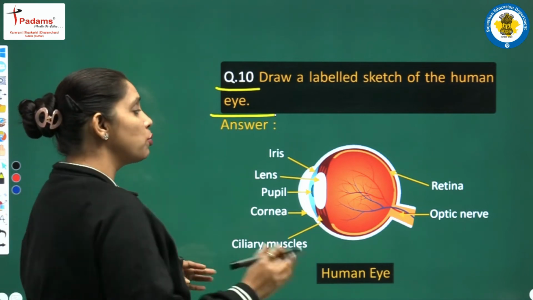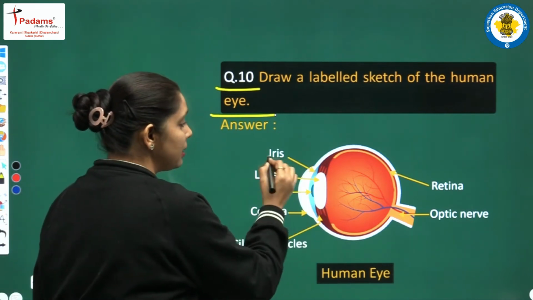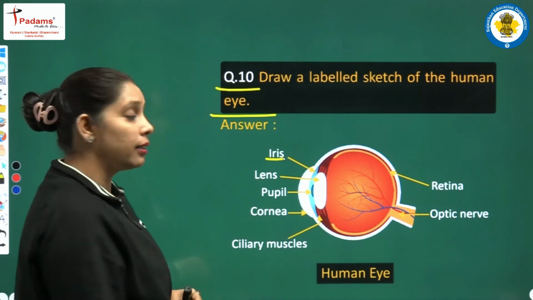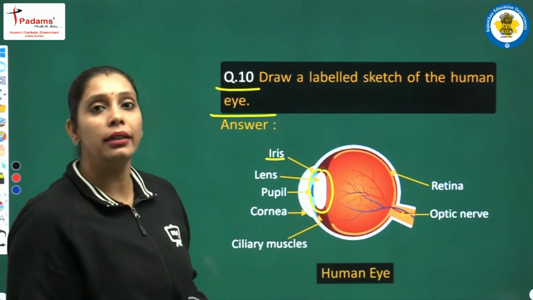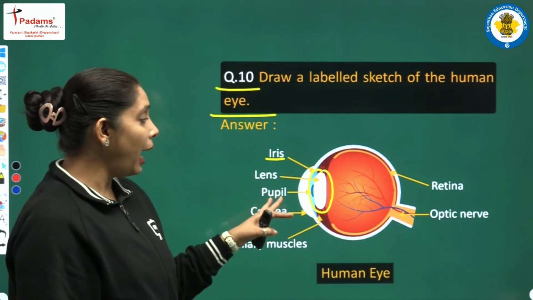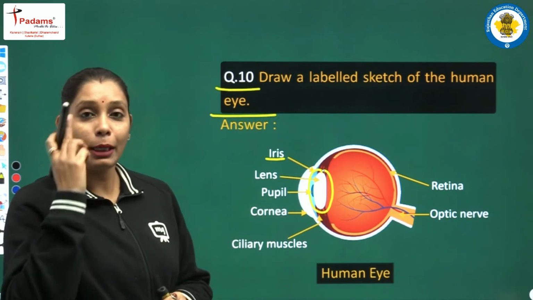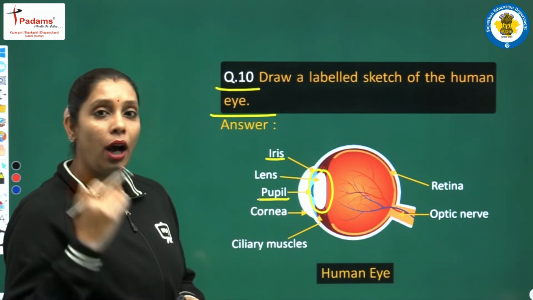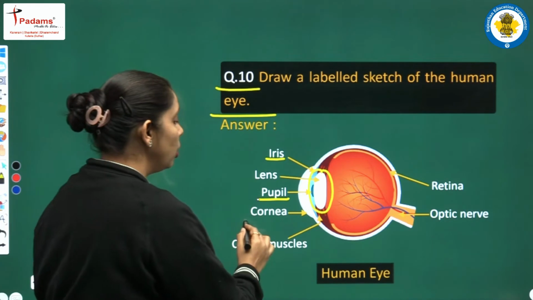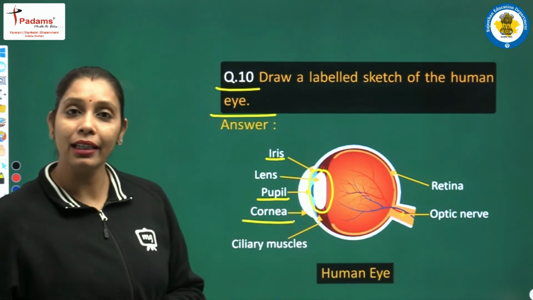Clear everybody? So students, here this part is iris and this broader part which is white in color, it is the lens, and outside it that blackish color one is your pupil, and outer side of that is cornea. Clear everybody?